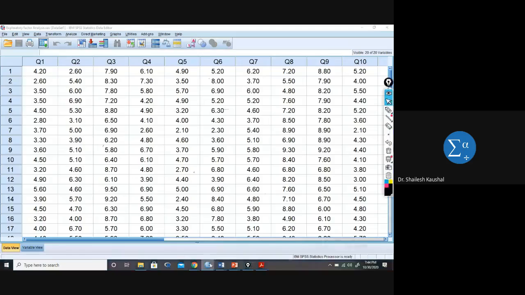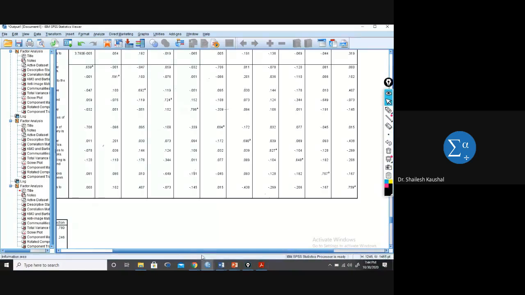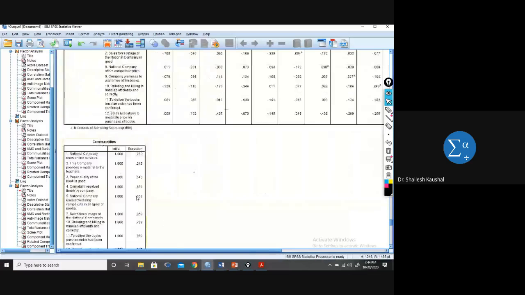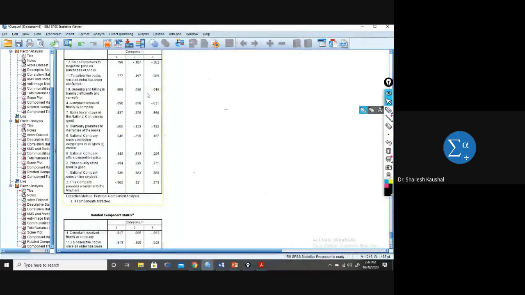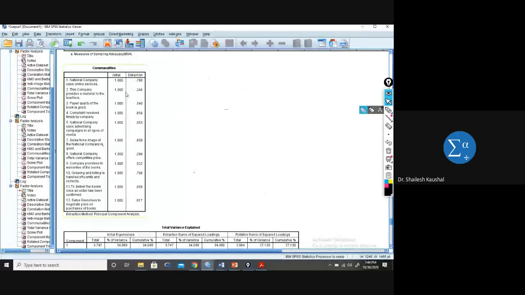Okay, sorry. Now there is no problem. Community, basically, what is the meaning of community? I told you it is the square in a horizontal. What is my factor matrix? This is my factor matrix, means square. So I am writing here 0.780. What does it mean?